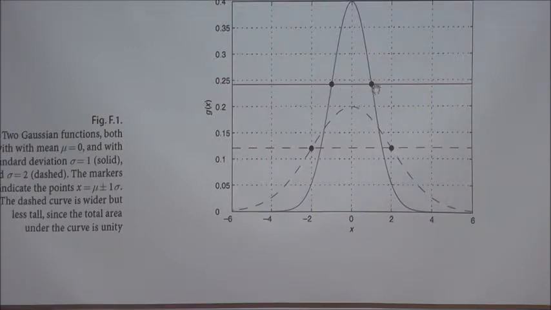This is 0 plus 1, which is 1, and 0 minus 1, which is here. So this distance is the standard deviation, the amount of deviation from the value you think it is going to be at. It's actually here or here. So that's one limit and the other limit.